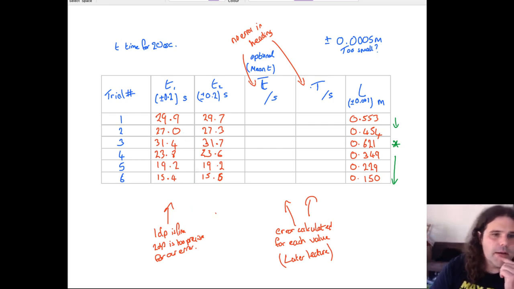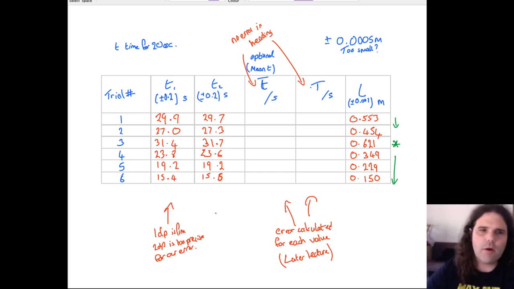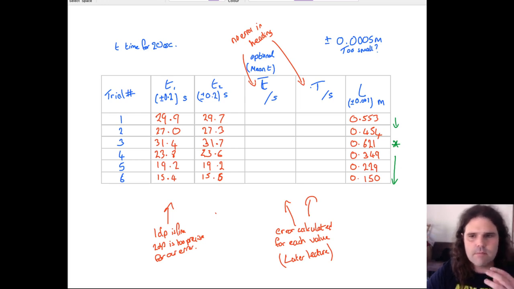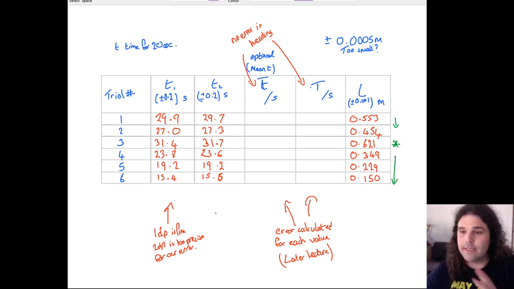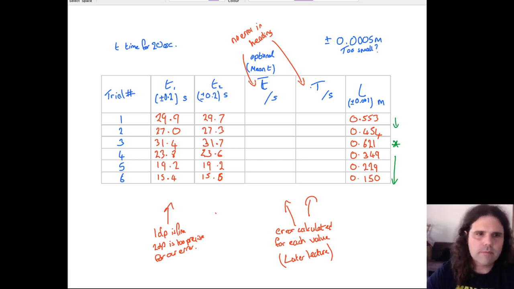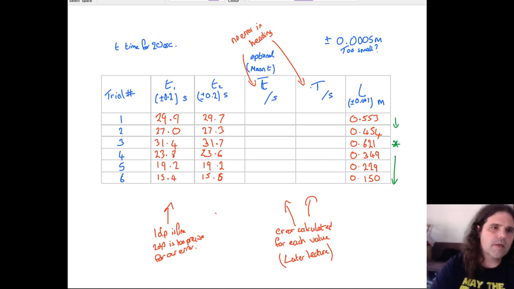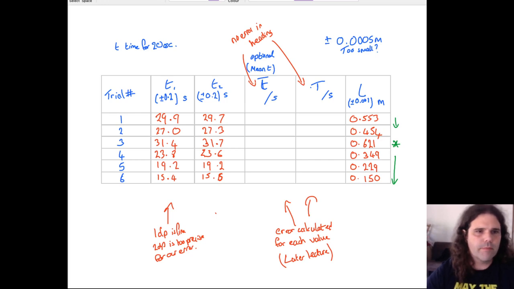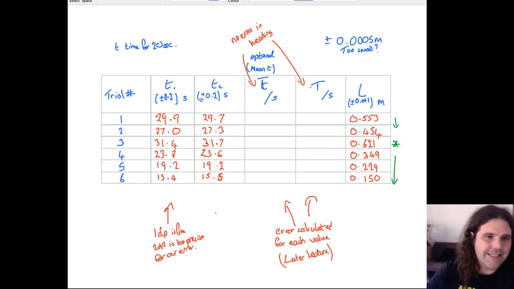Right. Now then, we'll go on to looking at calculating things like means and values for t later on. But just for now, let's say we want 27.9 and 29.9 and 29.7.